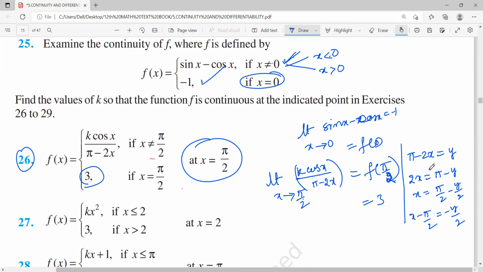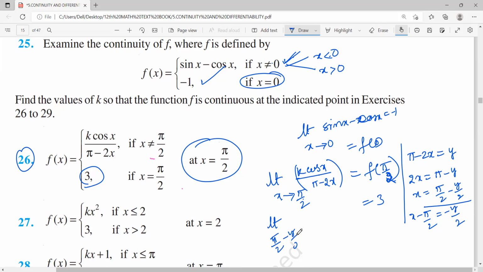Assume this. Here, in the limit, x is what? Pi by 2 minus y by 2, no? So x tends to pi by 2, where x is pi by 2 minus y by 2.